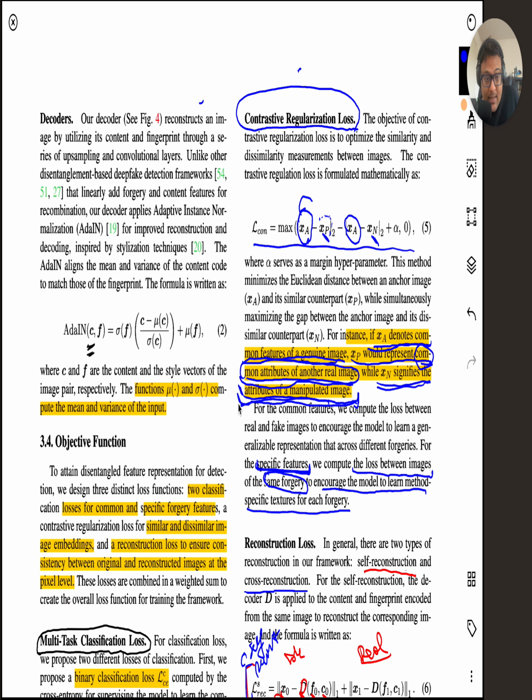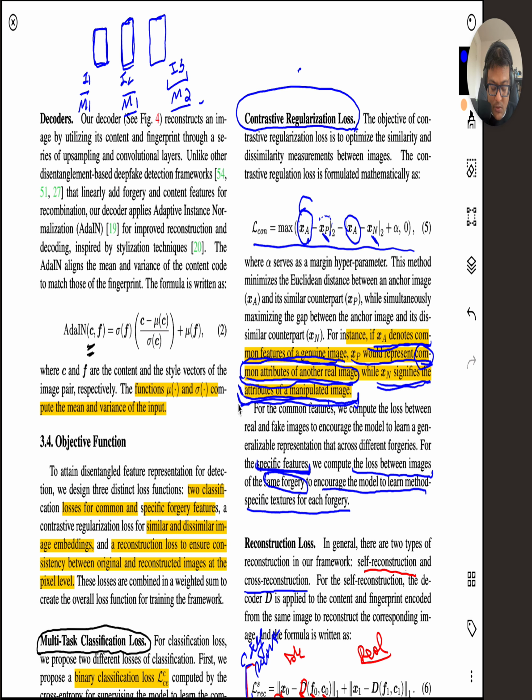Okay, so let's look at this from another perspective. Let's say you have three images, and these three images are generated: image 1, image 2, image 3. Say image 1 and image 2 are generated by the same model M1, and image 3 is generated by a model M2.